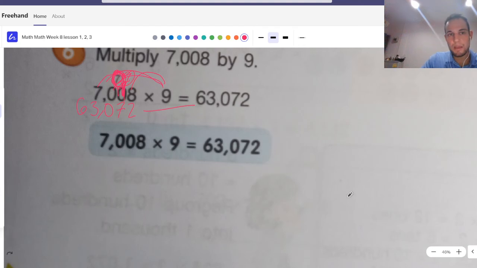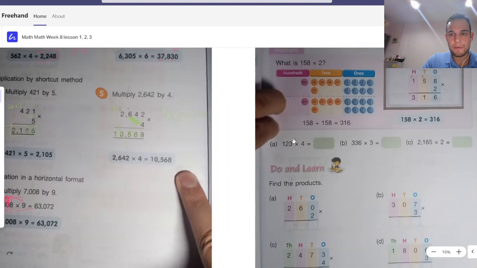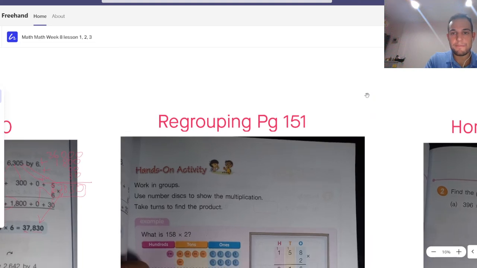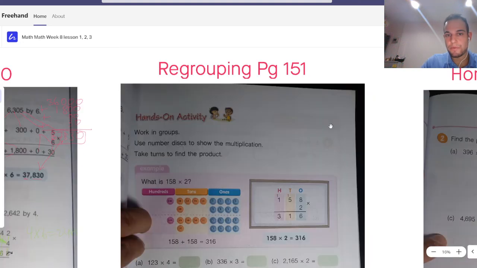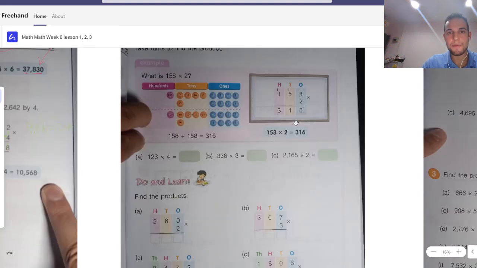All right, and let's go to the next page where I think we have some practice. Yes, we have page 151, and we have some practice here, and you know what that means. Let's pause the video now.